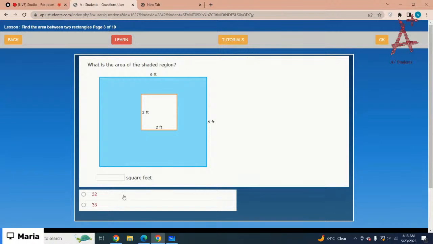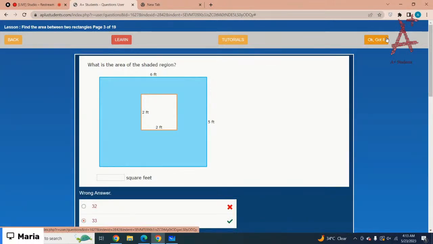So here you have the missing one. The outer one is the square actually, got it? And it has 6 times 6. Okay, so the correct option is 32.